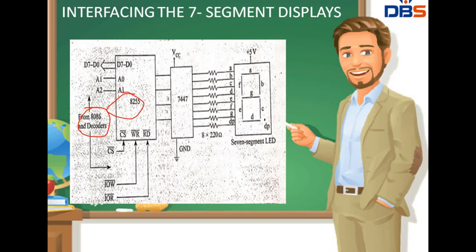IC 7447 is suitable to drive only a common anode 7-segment display, but not a cathode.